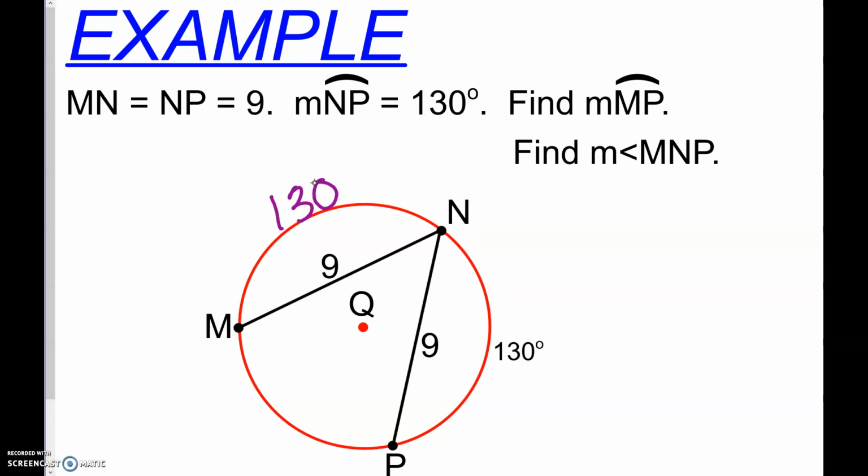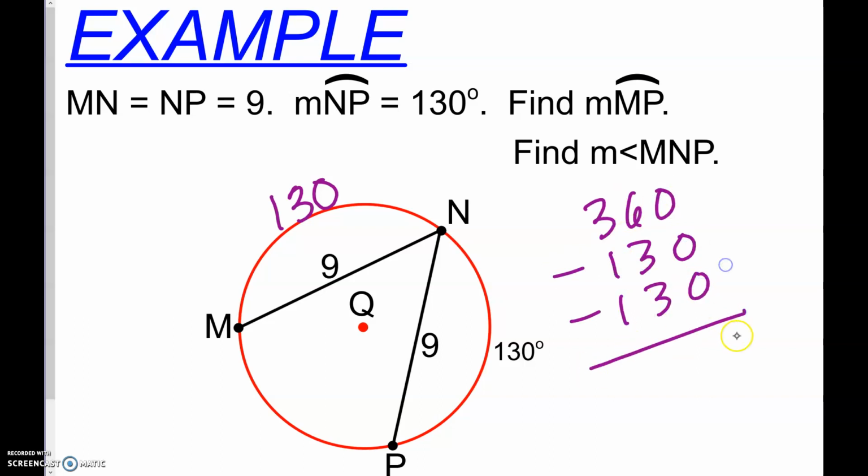So how can we find the measure of MP? Well, we can take 360 and subtract 130 and subtract 130. And what are we left with here? 100 degrees. Okay, so that's what this lesson is talking about.